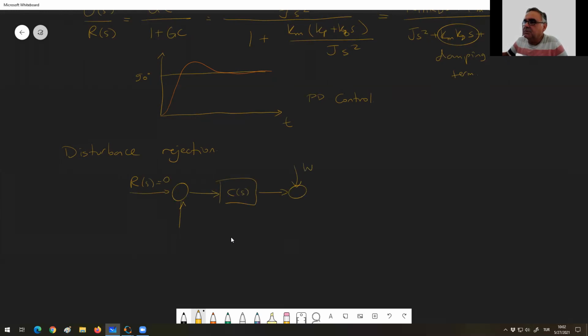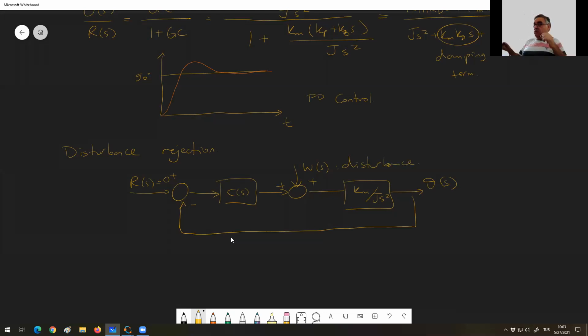So there is a disturbance W of S, plus, this is minus, this is plus, but this is Km over Js squared, as you remember, feedback, like this. This is theta. So the arm is disturbed by an external force or a torque. Disturbance. You suddenly hit the arm, let's say, and you want it to come back to its original position.